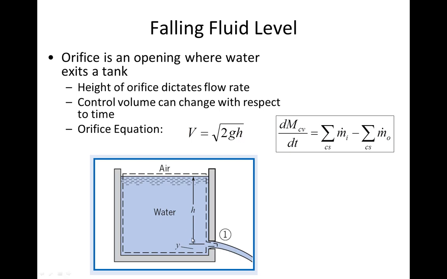And you can see here that h is the measurement from the center line of the orifice, so it's the center of the opening, up to the water surface. And we'll often apply the orifice equation in conjunction with the continuity equation.